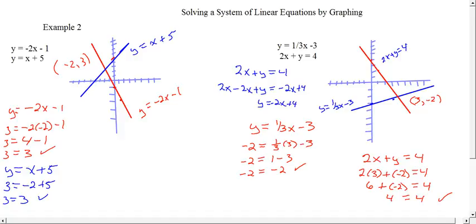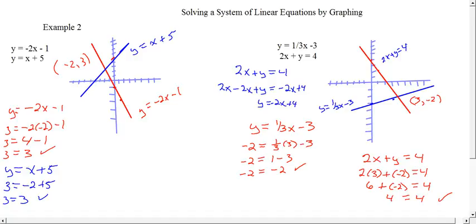So let's check it, starting with the very first equation, substituting 3 for x and negative 2 for y. That gives us negative 2 is equal to 1/3 times 3 minus 3, and that gives us negative 2 is equal to 1 minus 3, and negative 2 is equal to negative 2. So far so good.